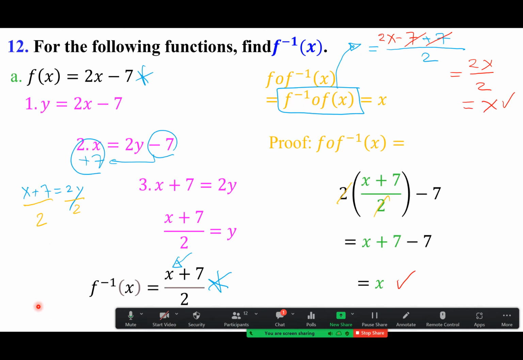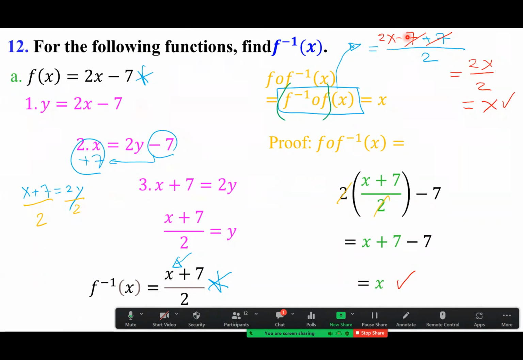In other words, we can rewrite it as such. F inverse o f of x, okay? And in that case, we start with f inverse and replace the x with f of x.